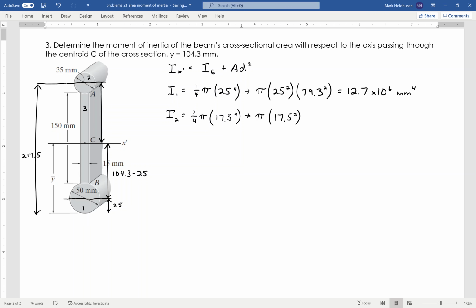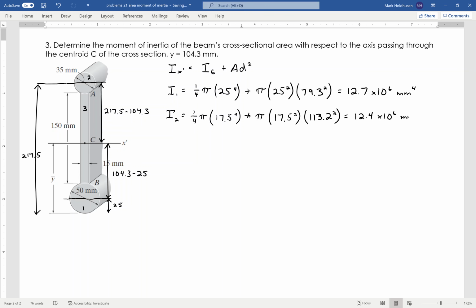So that's 217.5, which means that the distance I'm looking for here is 217.5 minus the 104.3 given right there, which gives me 113.2, which is what I put in right here squared. That's the distance between the axis of interest and the centroidal axis of my circle. So you have to find that distance, square it, and add that there, which gives me the moment of inertia of that circle about x prime equal to 12.4 times 10 to the 6.